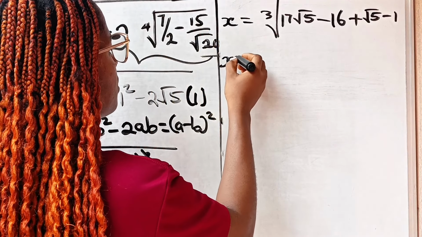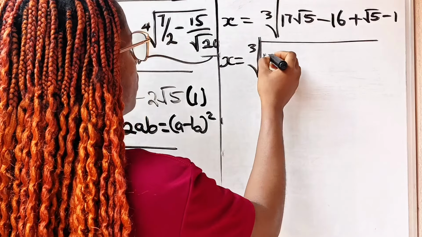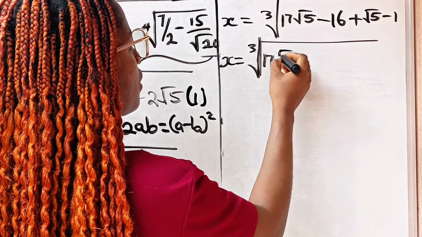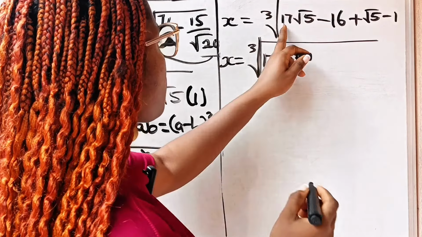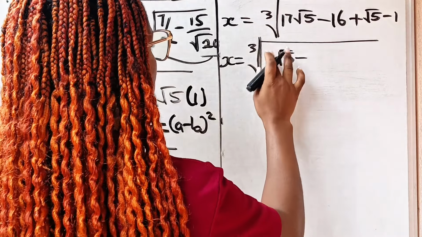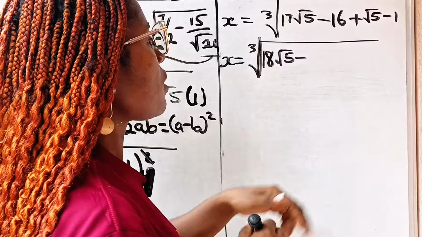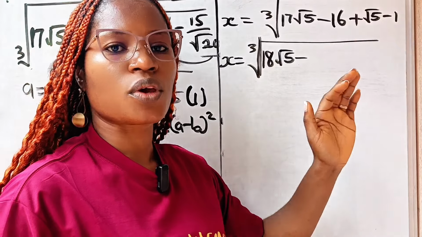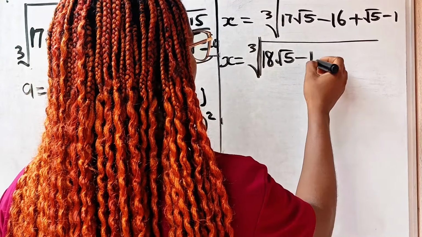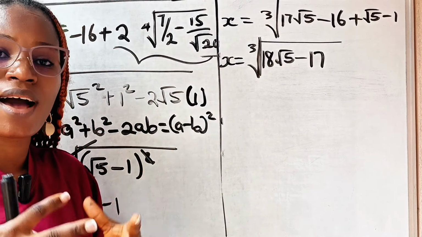So we have x is equal to the cube root of 17 root 5 plus root 5 is 18 root 5, right? So we have 18 root 5. Now minus 16 minus 1 will give us minus 17. You can see that this is actually becoming smaller and smaller.